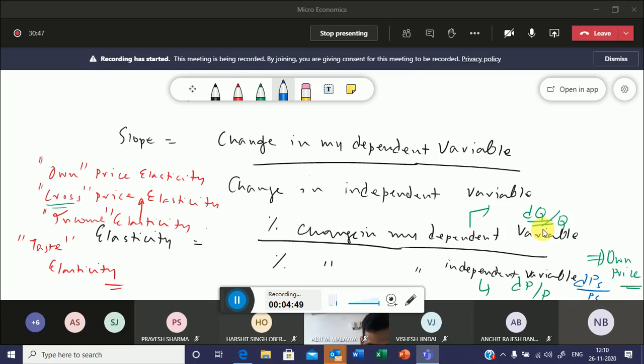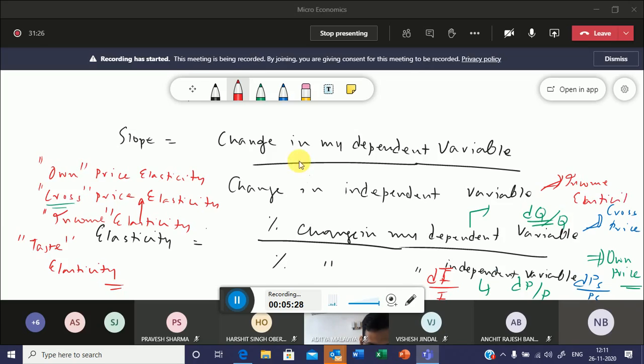For instance, if the price of coffee changes, what is the change in demand for tea? So this becomes cross price elasticity. Likewise, if I am talking about income, this becomes dI over I, where I is my income, basically saying that if income is changing, how is my quantity demanded changing. So this becomes my income elasticity.